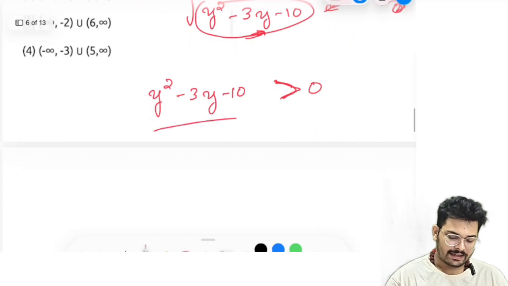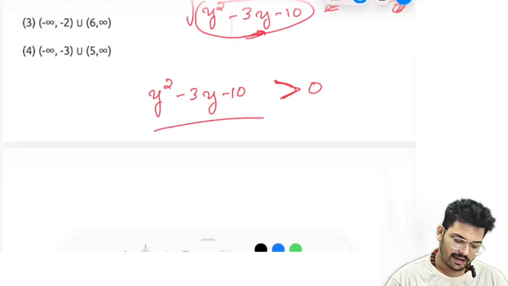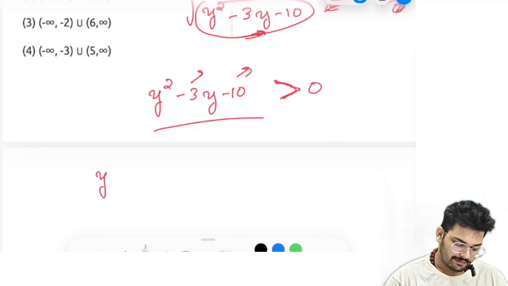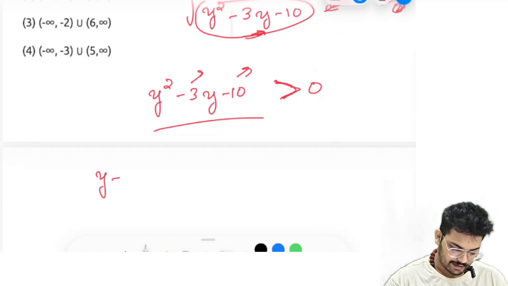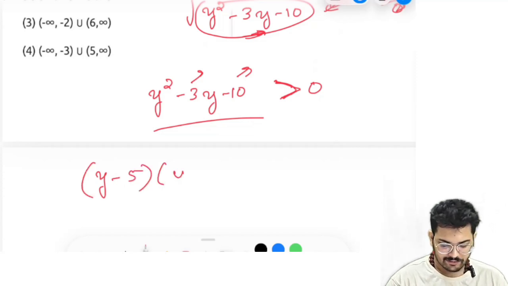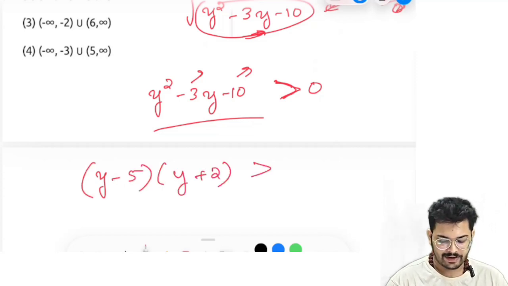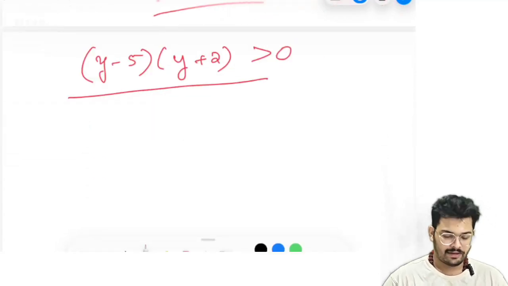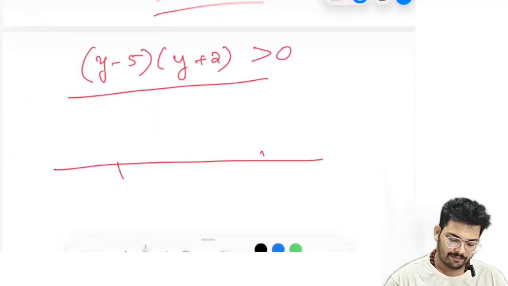Now we will be factorizing this one. This is a direct question, we can directly factorize. Product is minus 10 and sum is minus 3. So you can directly write this as y minus 5 into y plus 2. Now from here we need to find the range of y. We will just do it on a number line.